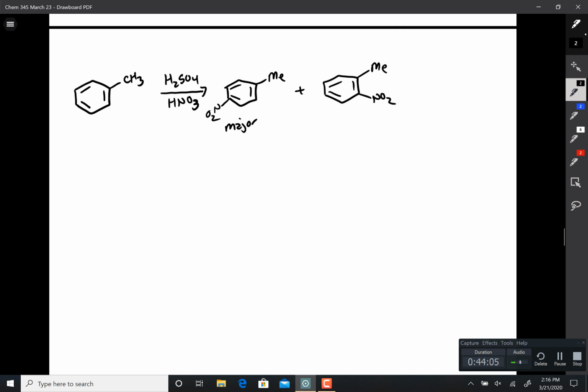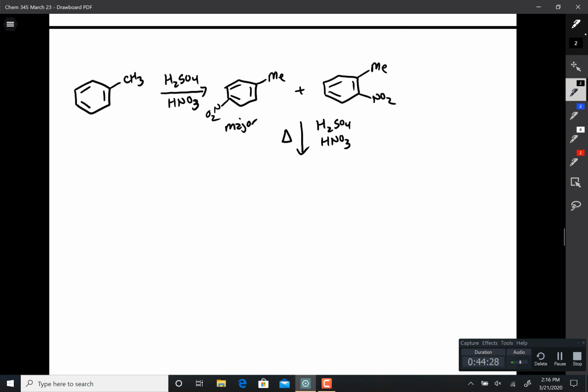Then what you can do with this mixture is nitrate it again. Except now we have a nitro group on this. As a result, the nitration is not as easy to perform because we now have a strongly deactivating group on there. So what we need to do is heat up the system.